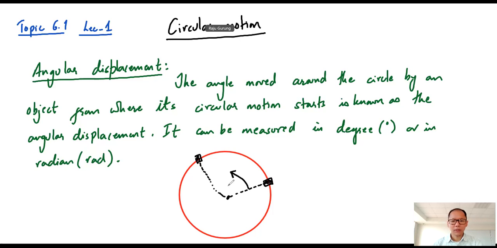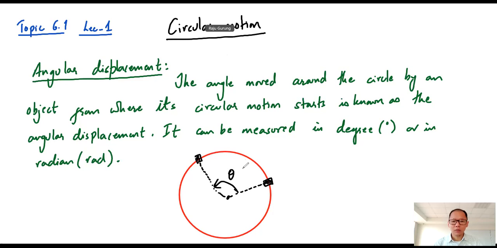So if I want to mark the angular displacement for this one, it would be something like this. Let me erase the first one. So this is the angular displacement. This angle can be measured either in degrees or radians.